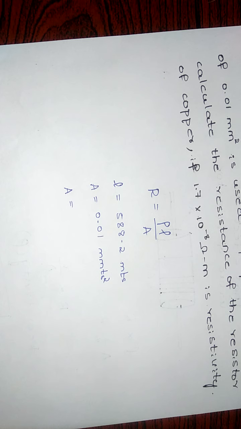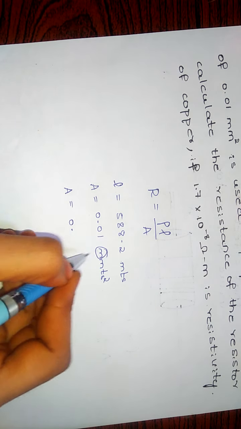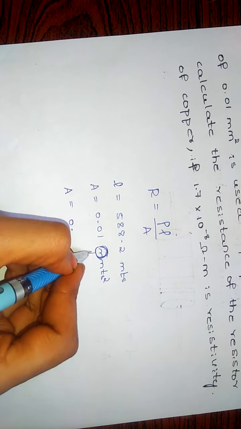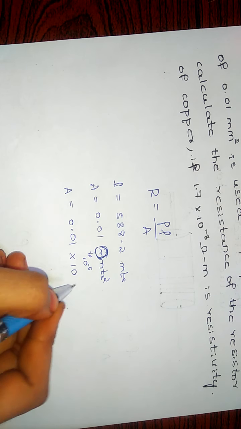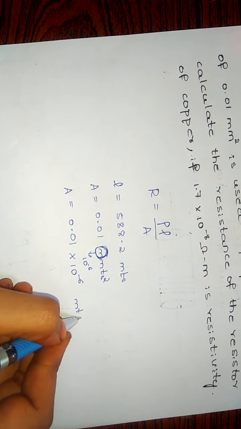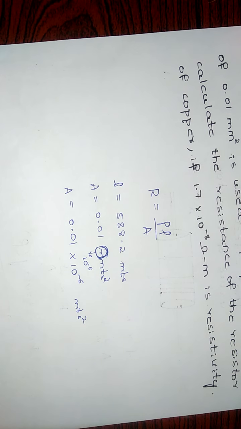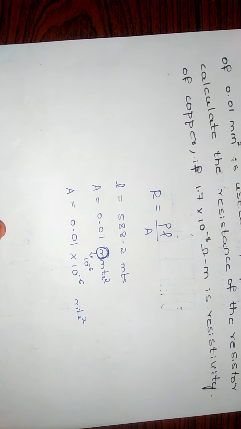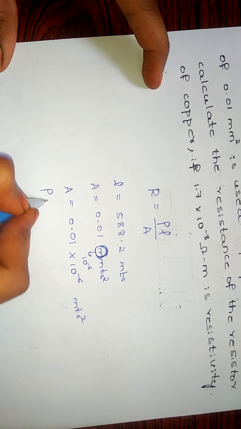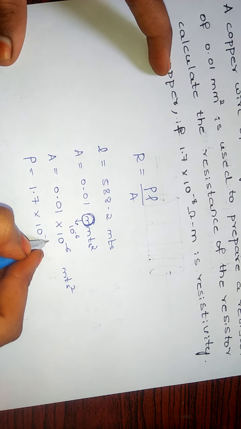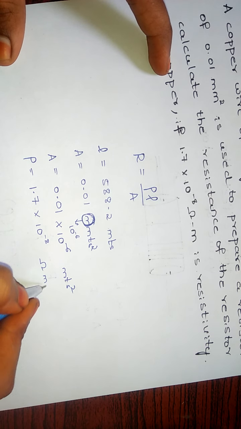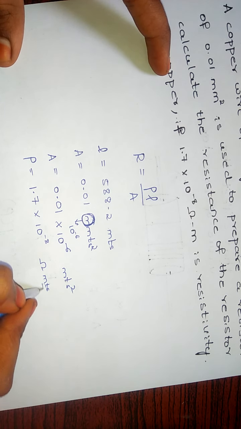To convert, we multiply by 10 power minus 6, giving 0.01 into 10 power minus 6 meter square. Then the resistivity is 1.7 into 10 power minus 8 ohm meters. No need to change it as it is already in meters.